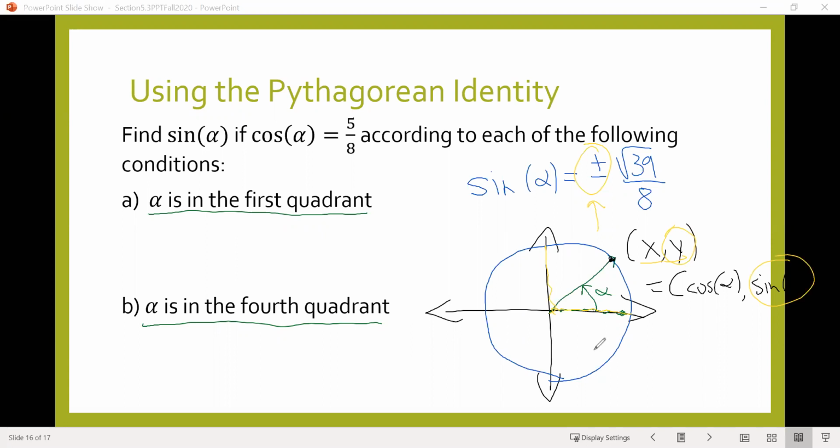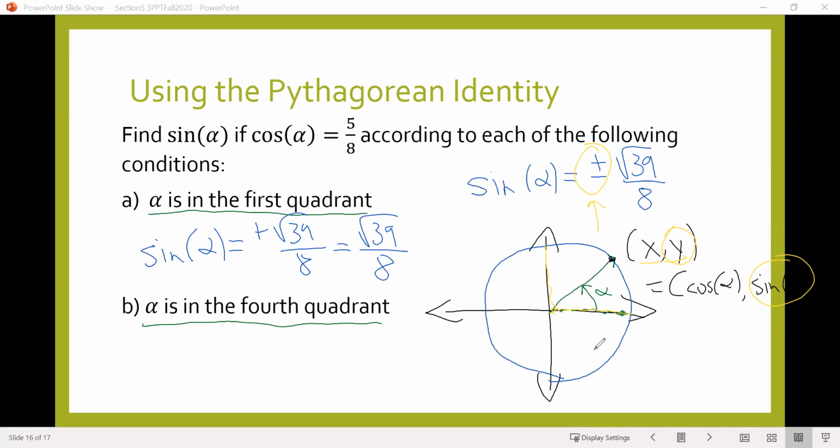So in the case where alpha is in the first quadrant, we're going to have that sine of alpha is going to be positive root 39/8. Or we can just write that as root 39/8. Okay, so that's the first case.